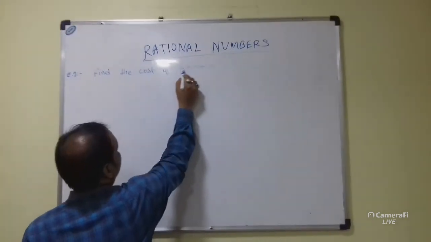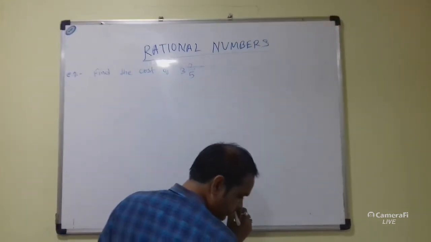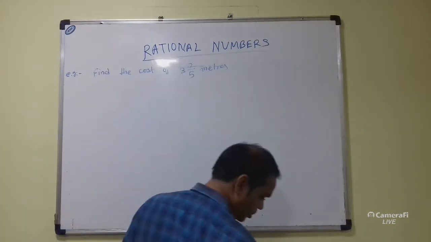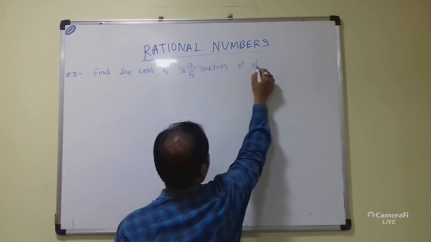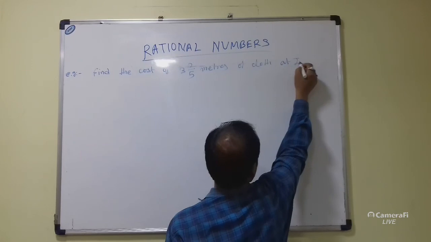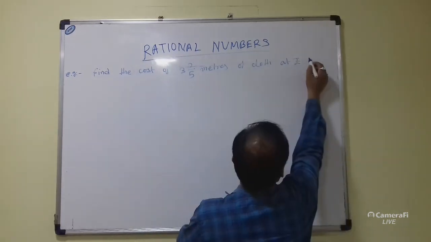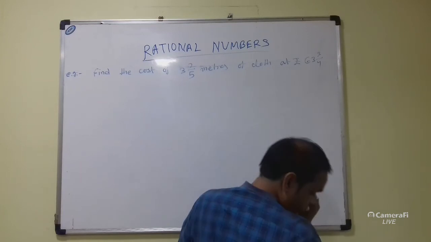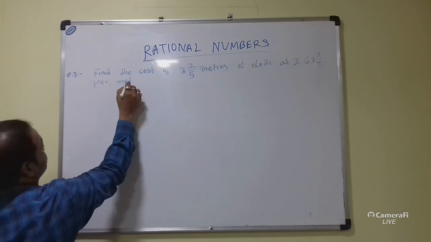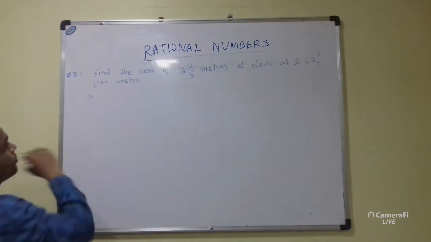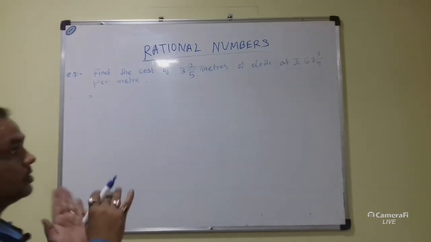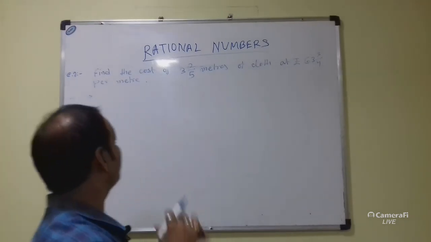Find the cost of 3 whole 2 by 5 meters of cloth at rupees 63 whole 3 by 4 per meter.